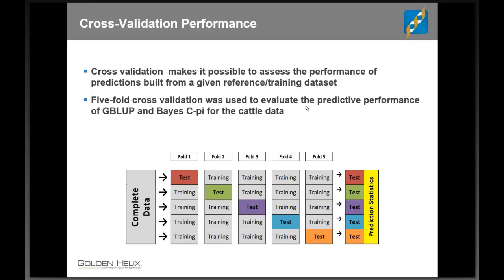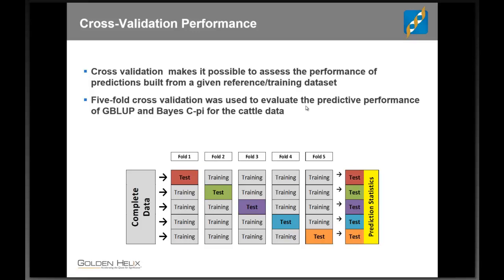For those who may not be familiar with how this works, we take the complete data set and split it into 5 random subsets and go through 5 rounds of prediction, where in each round one of those subsets is the test data while the other 4 are used to train the model. This sort of a process is very useful when you just want to estimate the predictive potential within a data set.